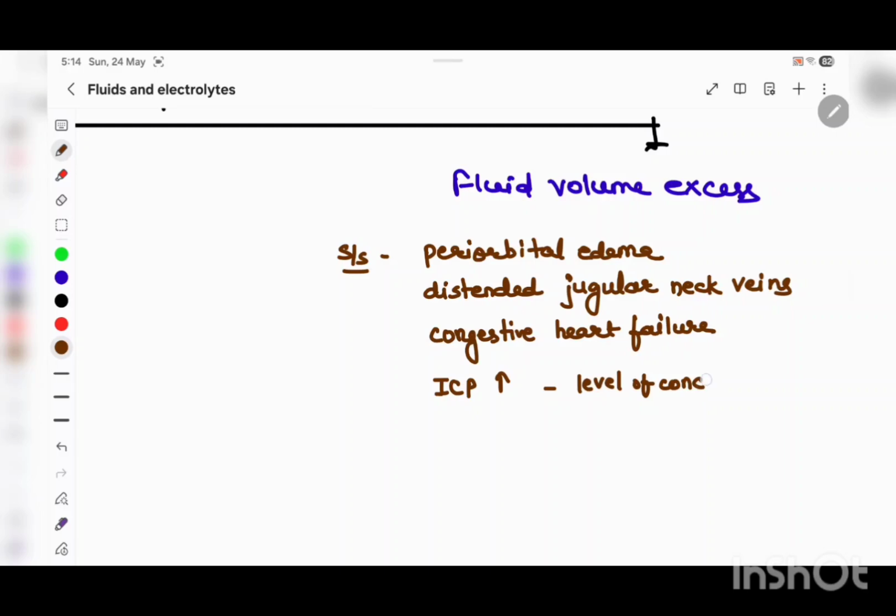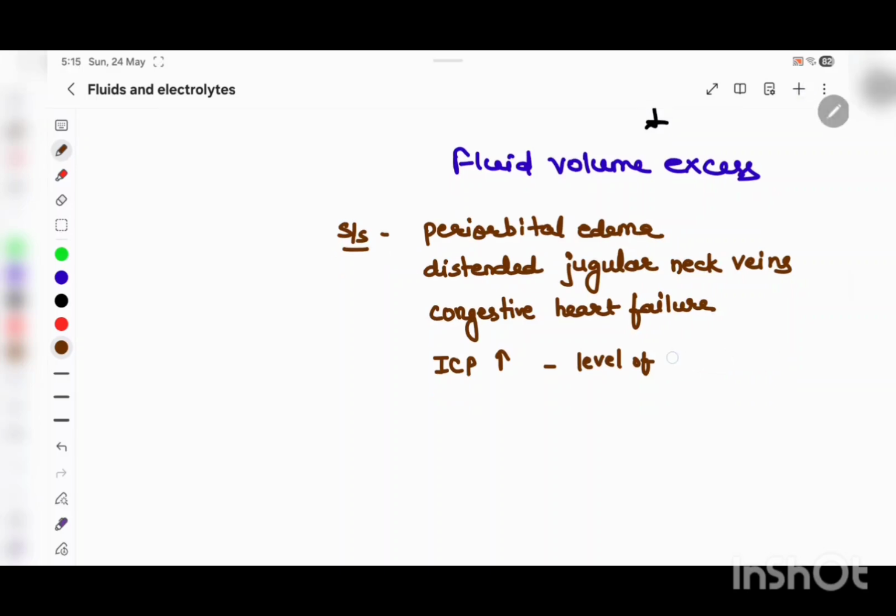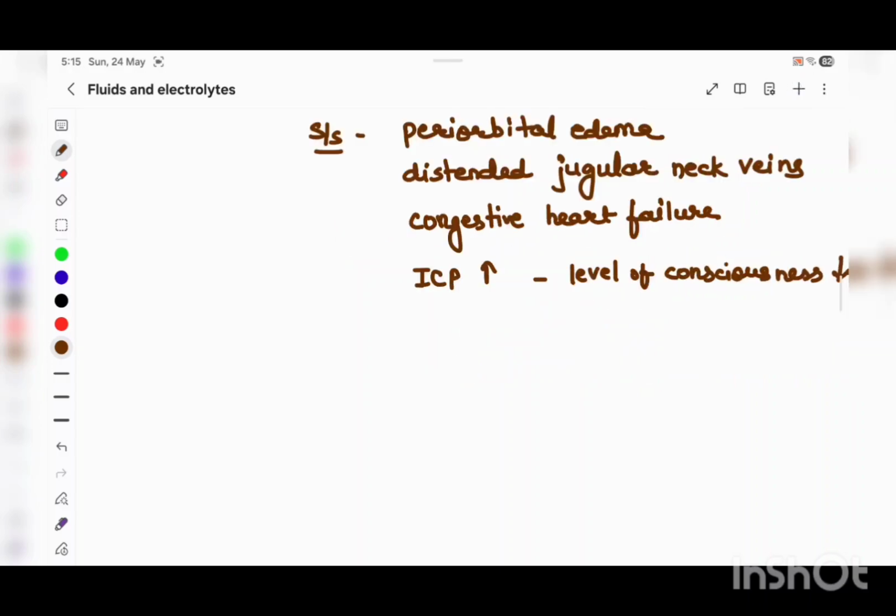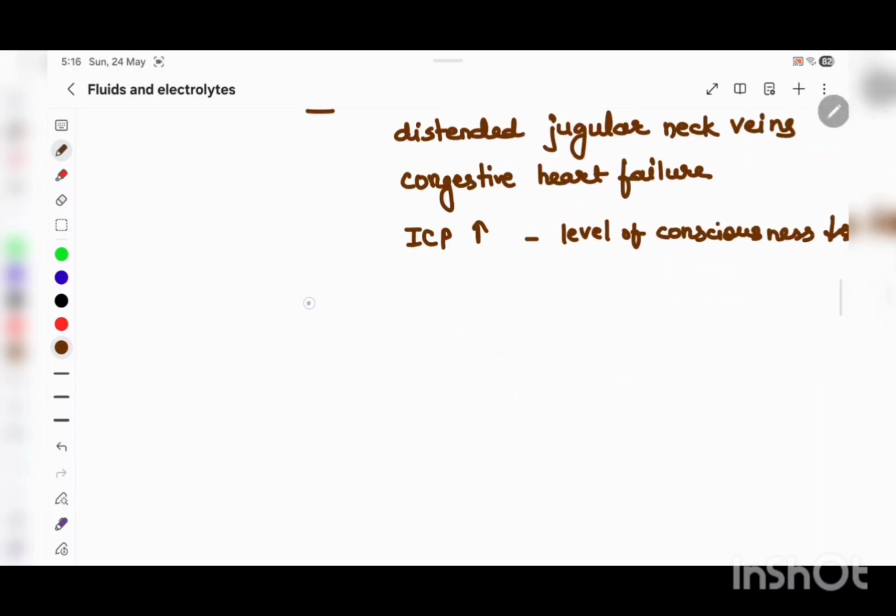ICP will increase means there can be chances of level of consciousness will decrease or drowsiness will increase. So this is the important sign, like level of consciousness will be decreasing in increased ICP, and this we should note. And next, what we'll be seeing, vitals.